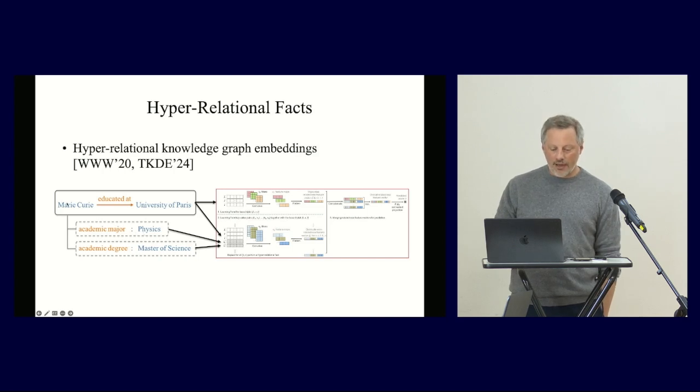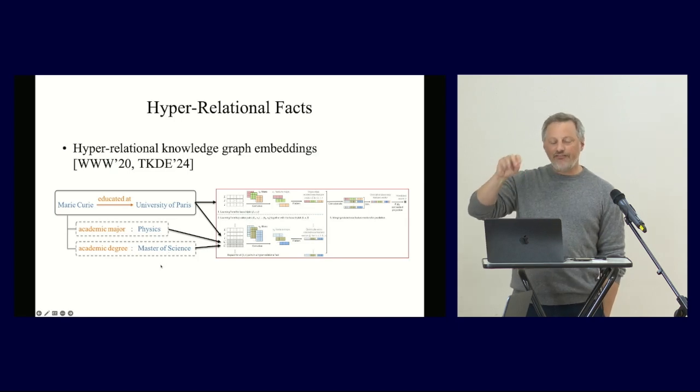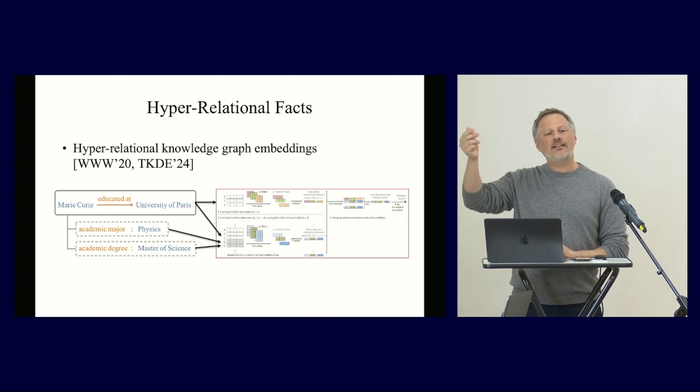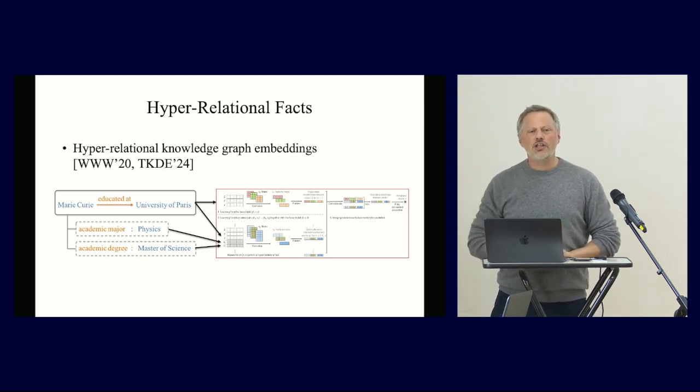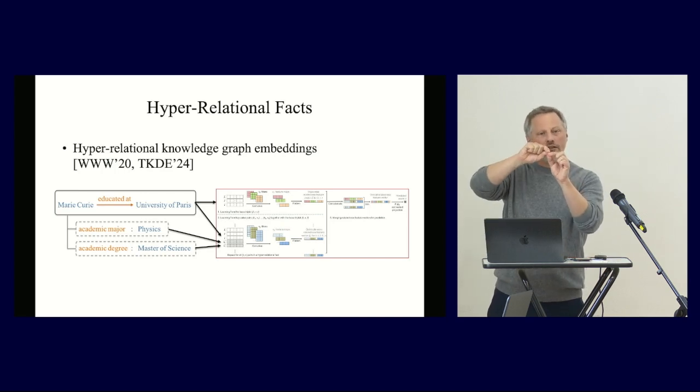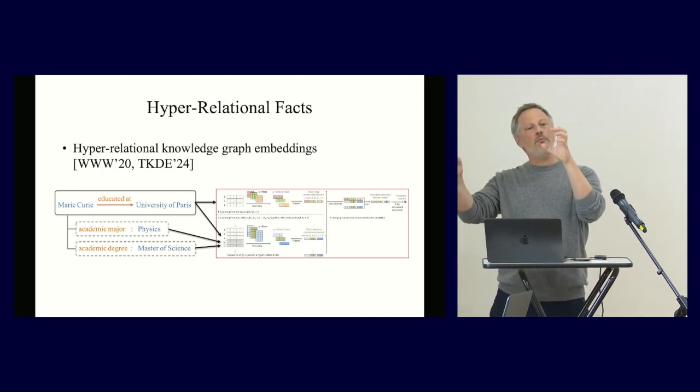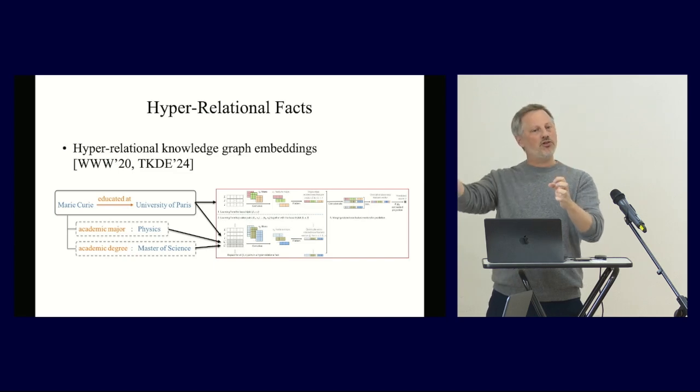This is another triple. Marie Curie academic degree was a Master of Science. But then sometimes you have facts about facts, right? And when you have those facts about facts, you need to represent this as a hyper-edge. What is a hyper-edge? It's an edge which does not only go from one node to another node, but from a bunch of nodes potentially to another bunch of nodes.